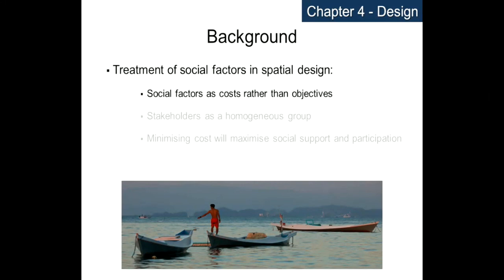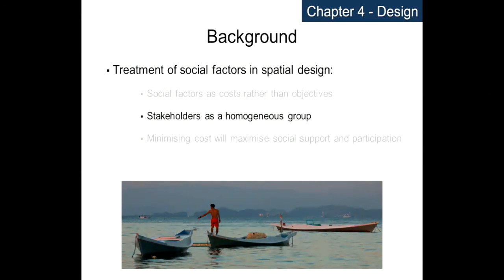This approach hasn't been applied all that much, and when it has been, it tends to be applied in regards to looking at its utility for planning for multiple management zones. So to date, there are no robust evaluations of considering social factors as costs or as objectives.